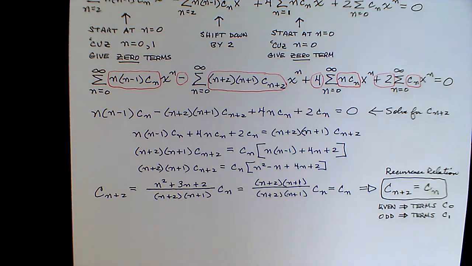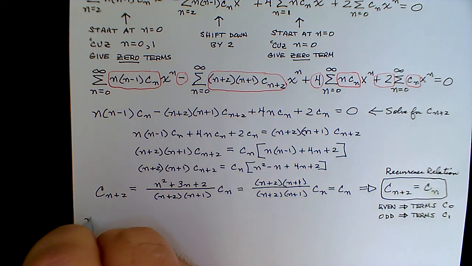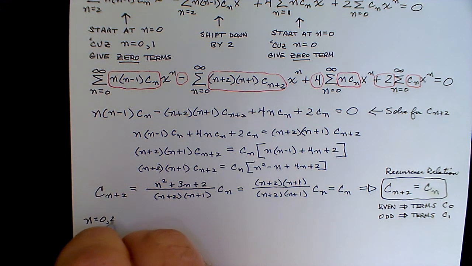So, starting with the evens, n equals 0, 2, 4, etc.